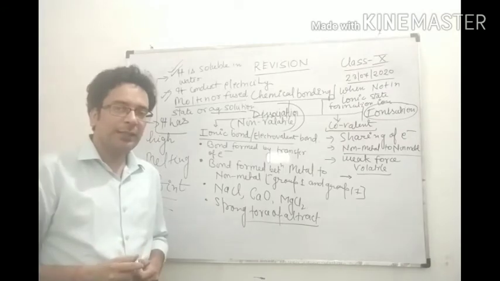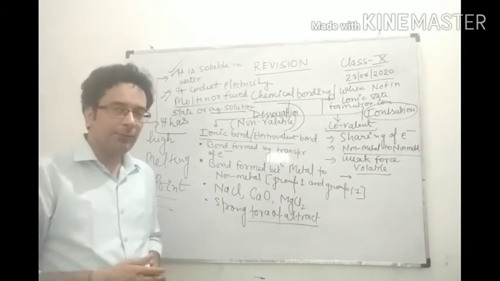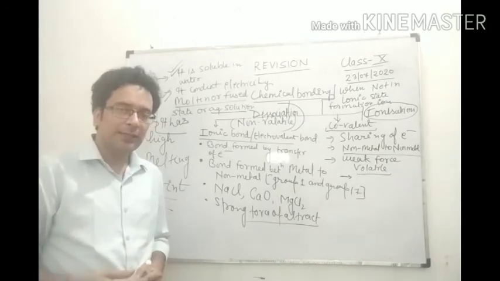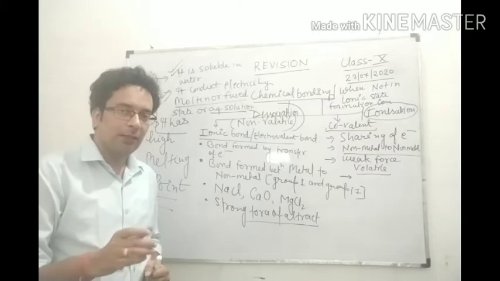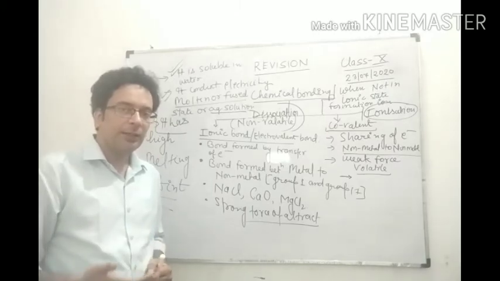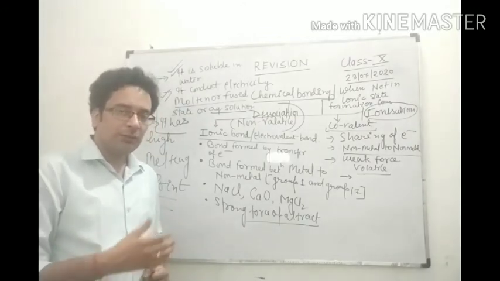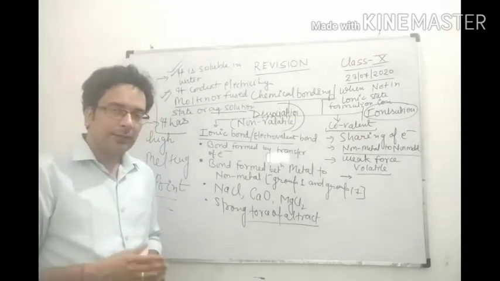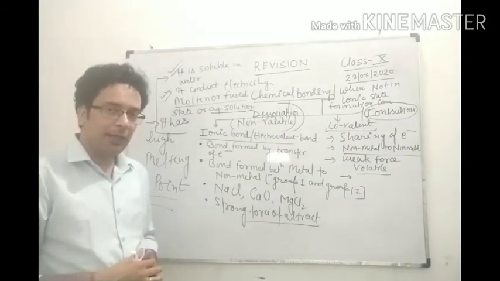Second, on the basis of sharing of electrons: if a covalent molecule shares one pair of electrons, there is formation of a single bond; if two pairs of electrons, a double bond; if three pairs of electrons, a triple bond. A question asked in your examination: which of the following is an example of a triple bond containing molecule?